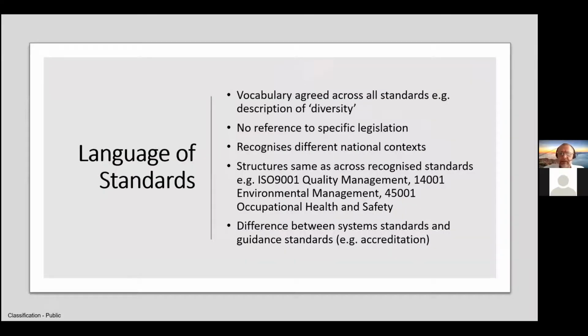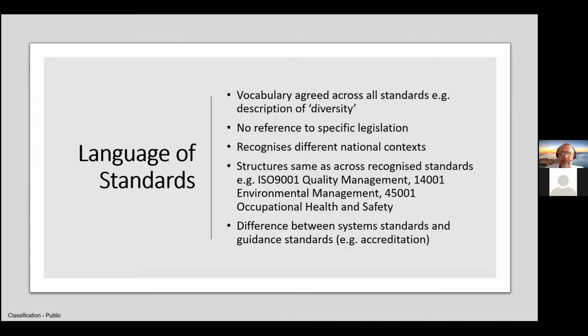Now, another element of ISO standards is the language that's used within them. So I talked about different inconsistencies around language. Now, of course, ISO standards all use the same language.